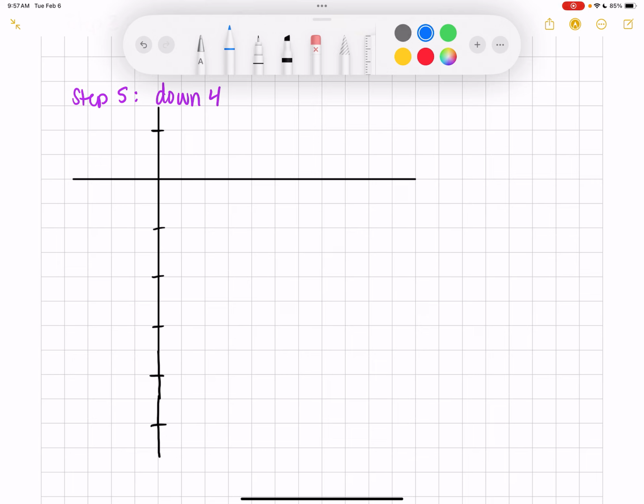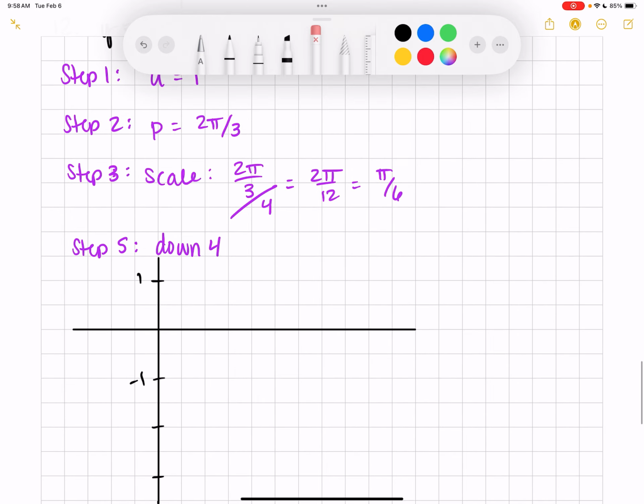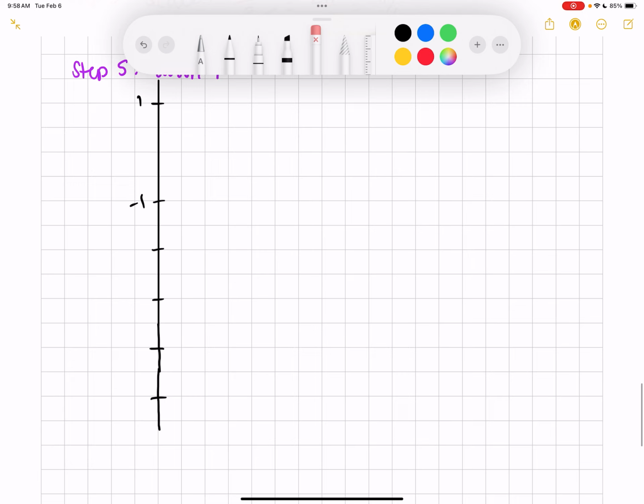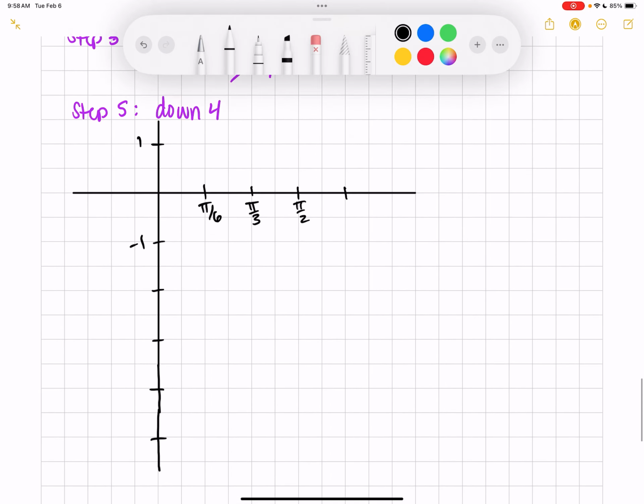Oh, wait, I guess I need to put all this stuff on here. 1, -1. But I know this graph is shifting down. That's why, I didn't need to make it this large, but I did anyways. Increments of pi over 6. So this is, come back. Pi over 6. 2 pi over 6 is pi over 3. Pi over 2. And 2 pi over 3.